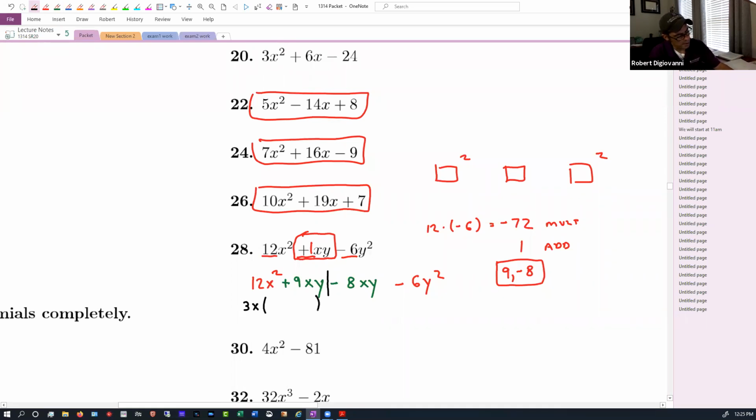So if I pull out a 3x, I should be left with a 4x plus 3y. So you can double check that for yourself, that GCF does work. And then in the other parenthesis, we're going to need this to match up. So I need 4x plus 3y. So what number would I need out front there?